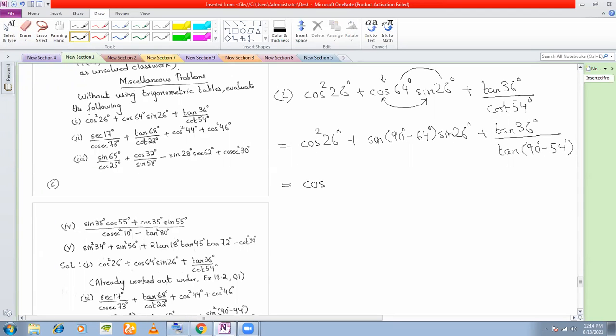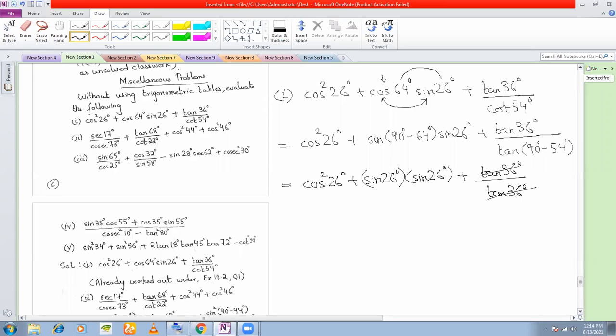Is equal to cos square 26 degrees plus sine 26 degrees into sine 26 degrees plus tan 36 degrees divided by tan of 90 minus 54, which is also 36.